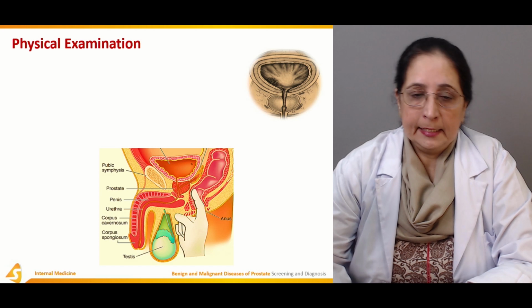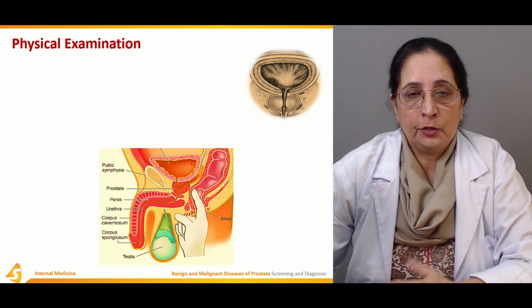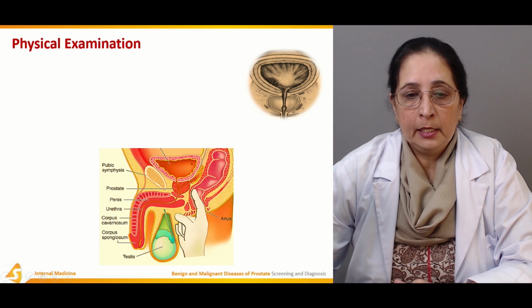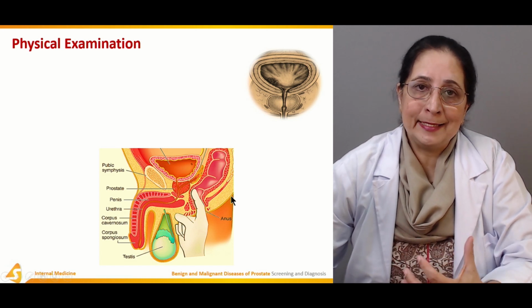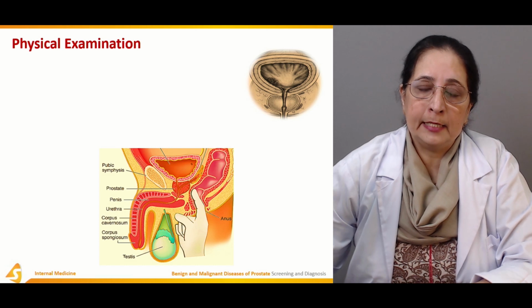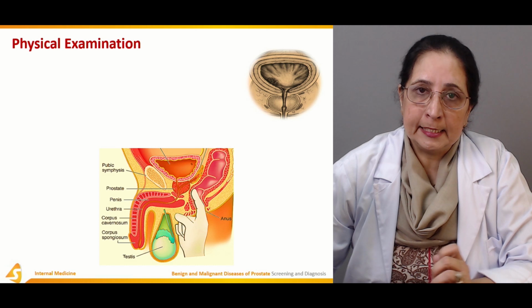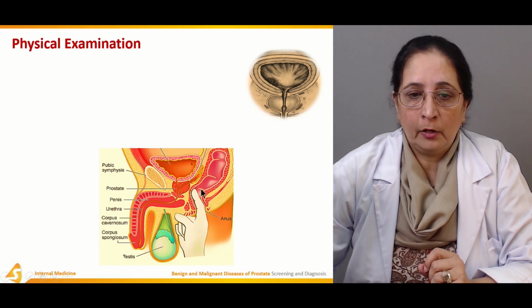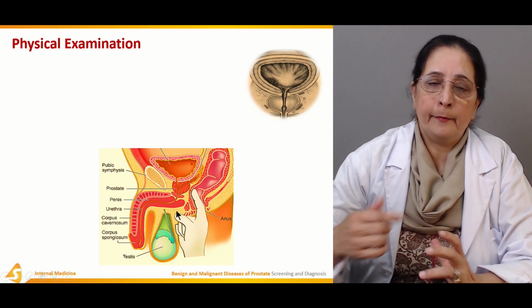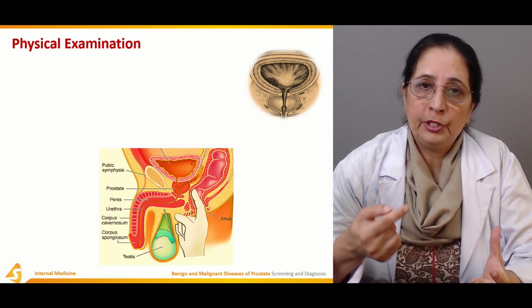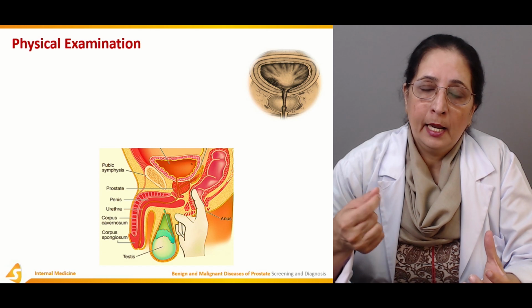So for the physical examination of the patient with a prostate disorder, the initial basic step is the digital rectal exam. That's the picture of the digital rectal exam, with the gloved finger, usually lubricated.